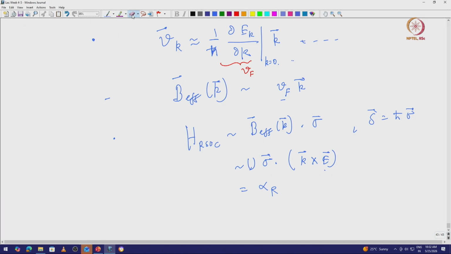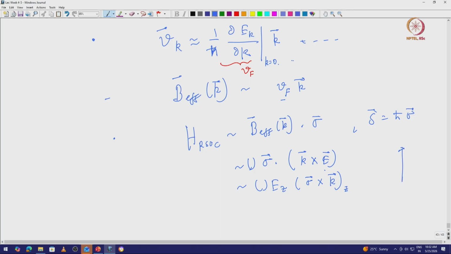So okay, let me do one more step. Along the z direction. Generally we don't write it as along the z direction because it's sort of obvious.